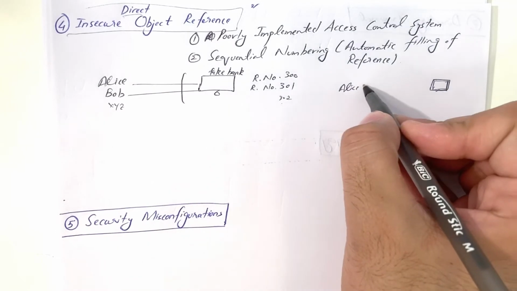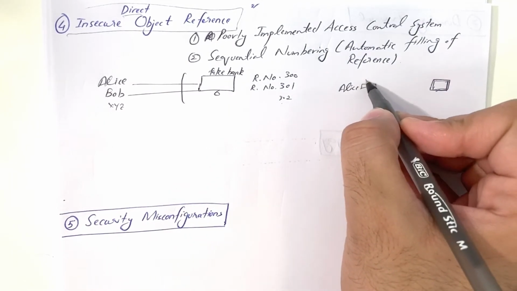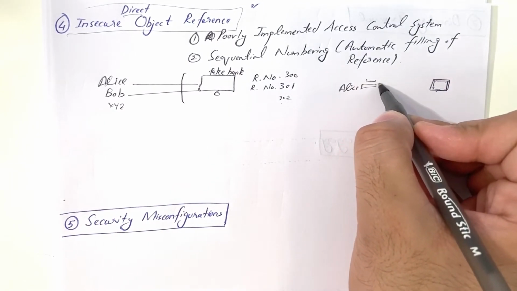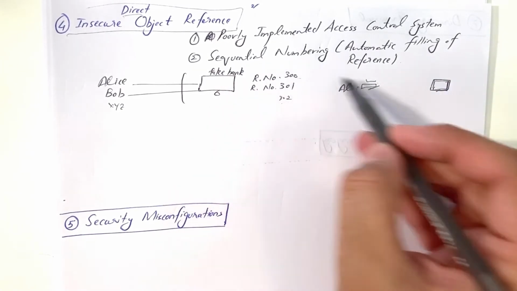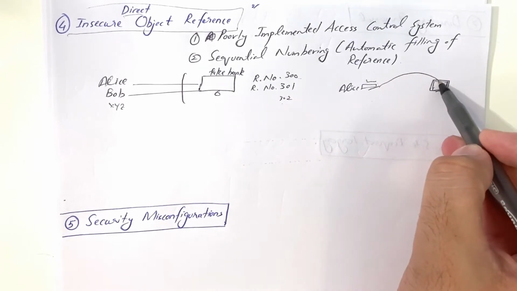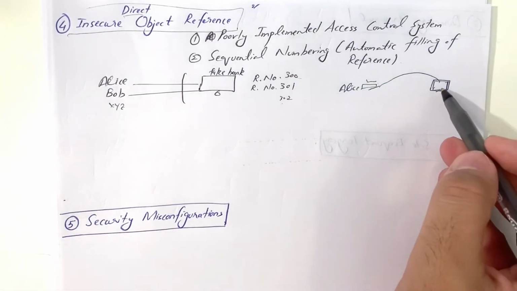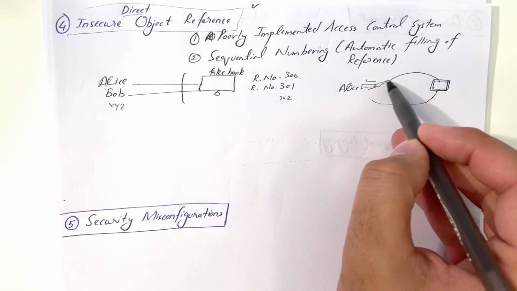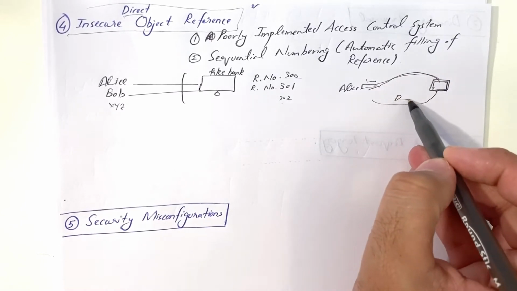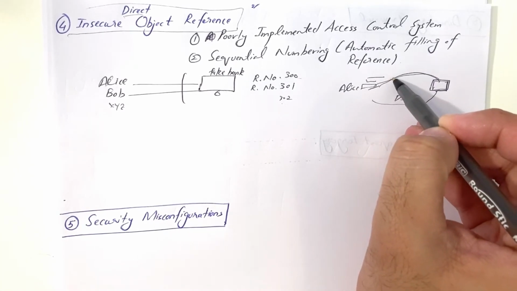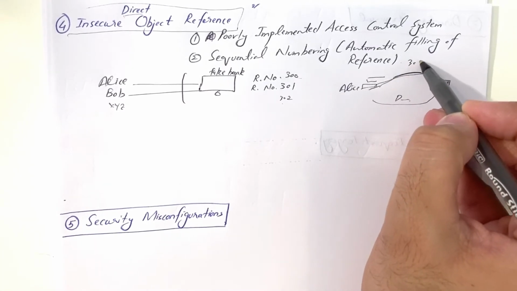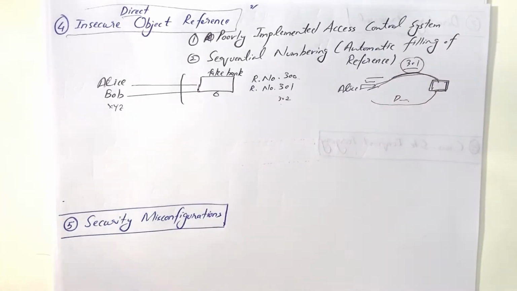After she puts in her username and password, if the browser sends this registration number to the web server, and the data is pulled through the registration number sent through the browser, this is called direct object reference. Once she does that, automatically her number 301 goes in the HTTP request through the browser to the server. This is called direct object reference.